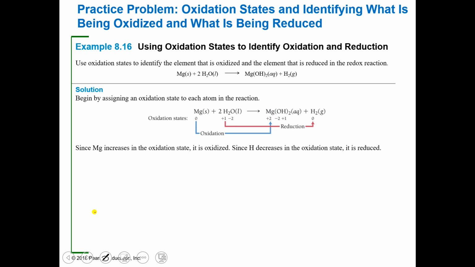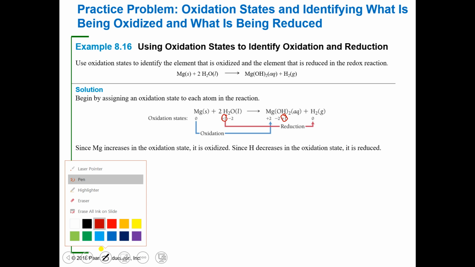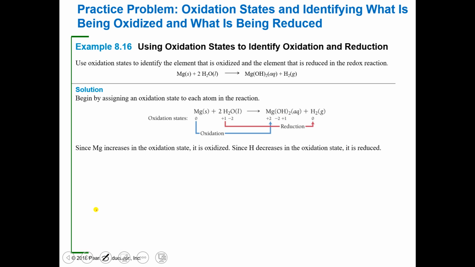If we look at just the hydrogen, hydrogen is always +1 when it's involved in an all nonmetal compound. So it goes from +1 here to +1 here. That means there's no change, so we can ignore it. Then finally, if we look at the oxygen, we're going to see it's a -2 because that's the rule, and it's a -2, so there's no change.